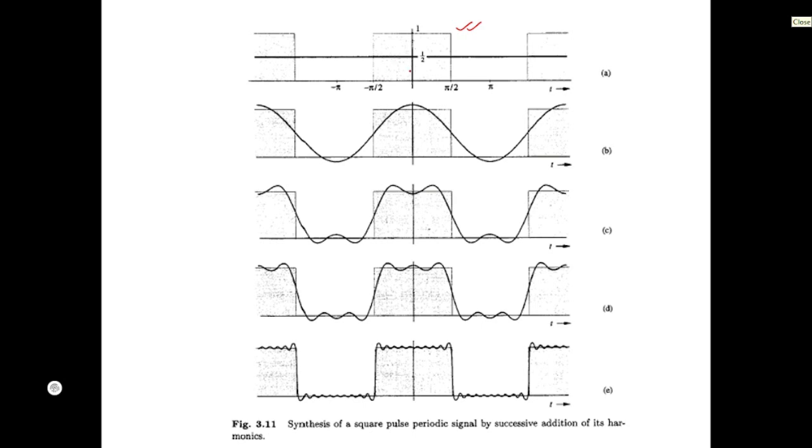Over here, this is the original signal. Say for example, this square signal has a periodicity, or a frequency, of 50 hertz. Now if I take a sinusoid of 50 hertz, it may look something like this.